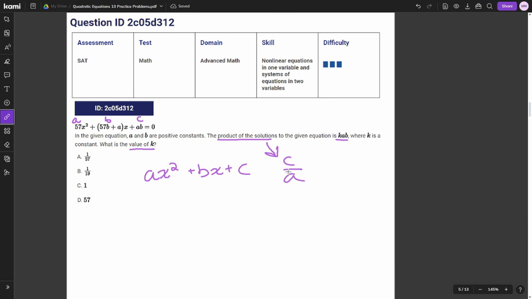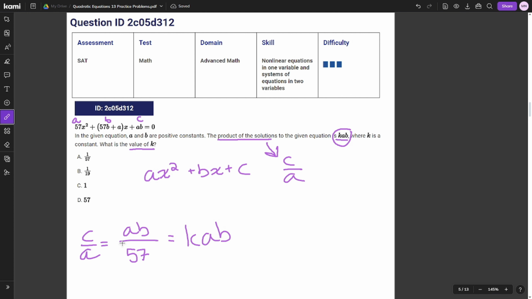Now if we plug that into c over a, we get that c over a is equal to ab over 57. Now it's also given to us that the product of the solutions is KAB. So this is also equal to KAB. Now we're going to be asking ourselves, what is AB being multiplied by?